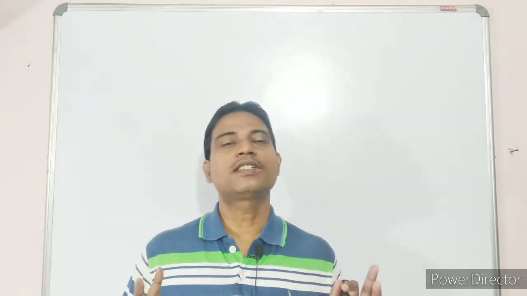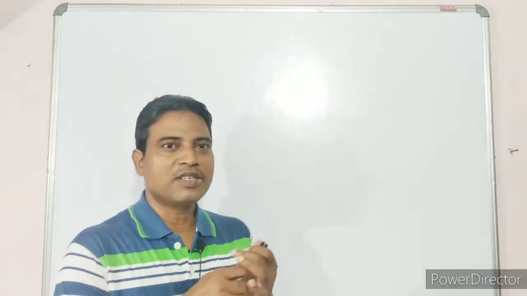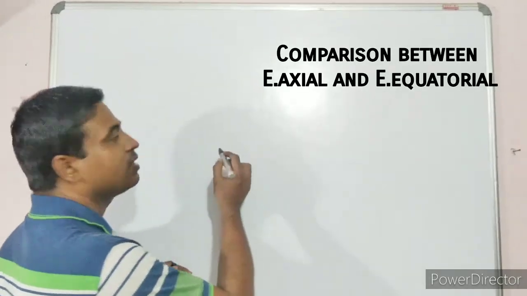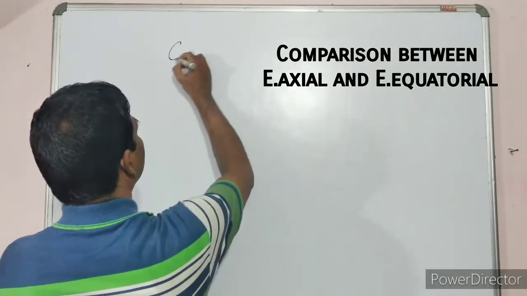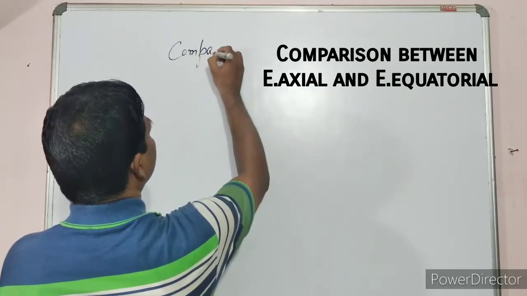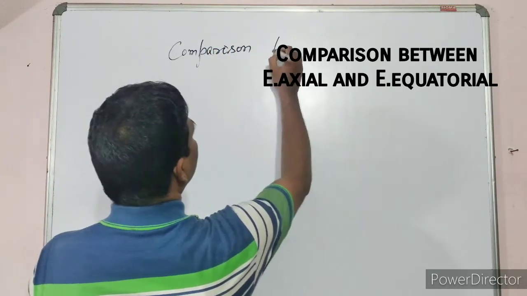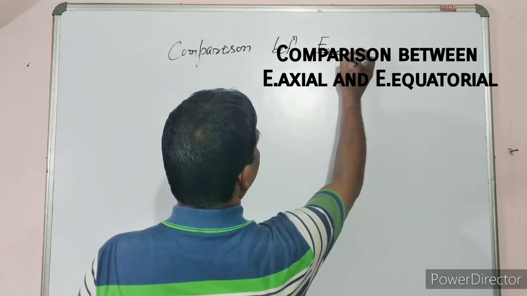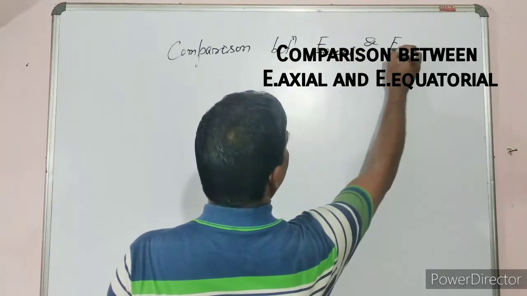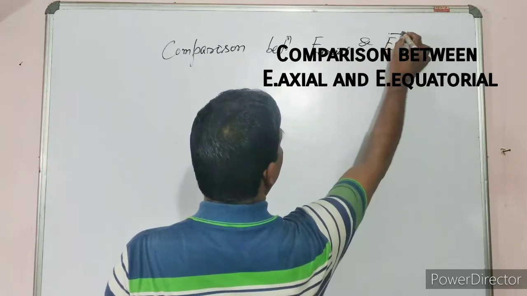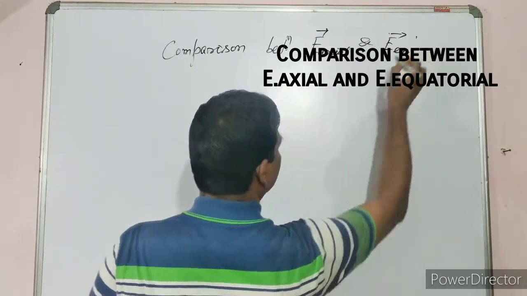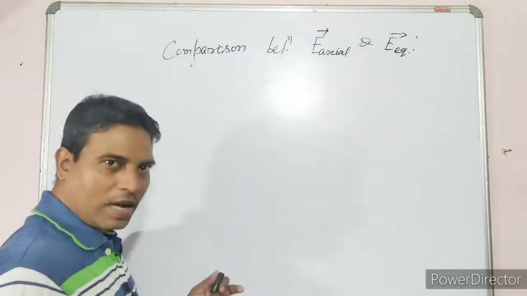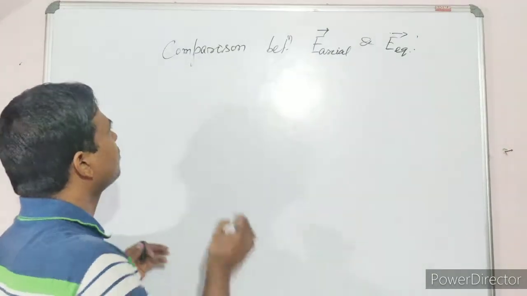Okay, so today's topic is comparison between E axial and E equatorial. You can write this one. What you have already watched, observed, same thing you have to write.